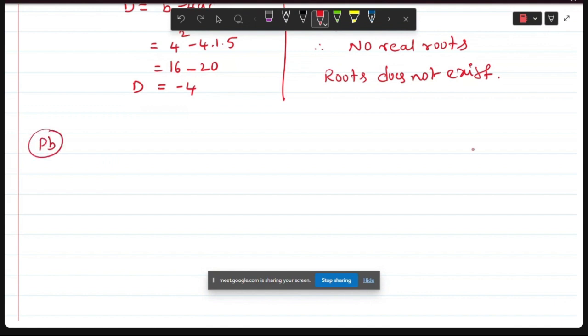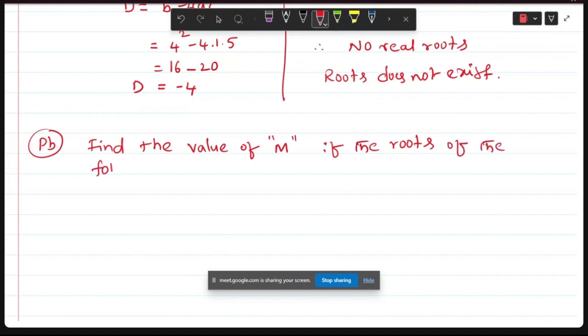Problem. Find the value of m if the roots of the following quadratic equation are equal.